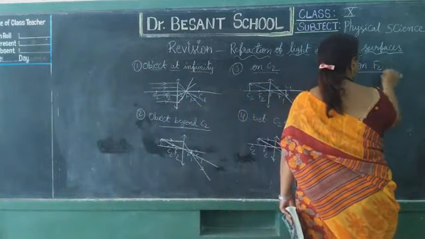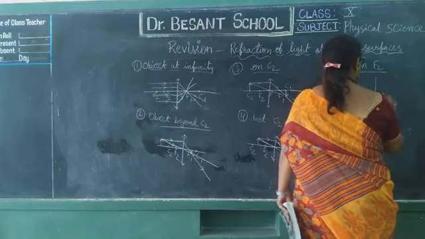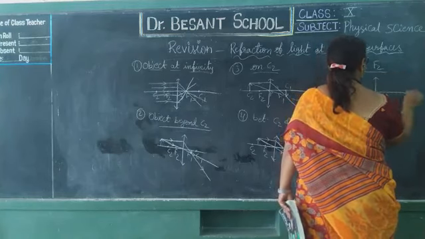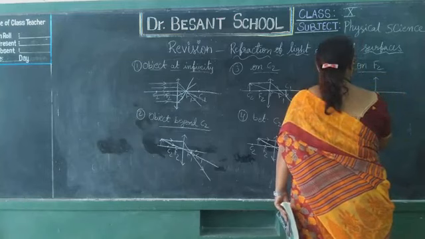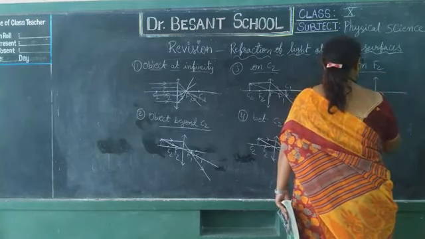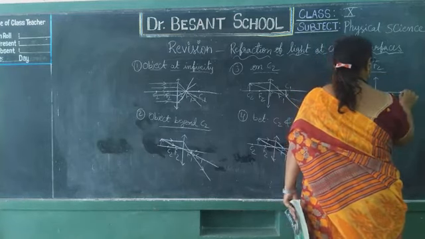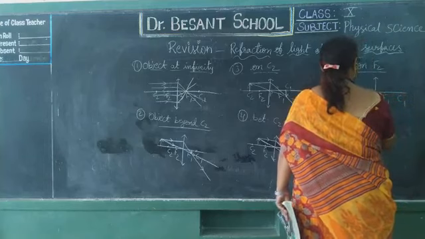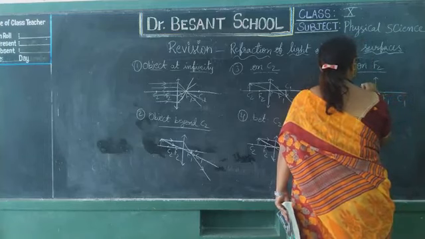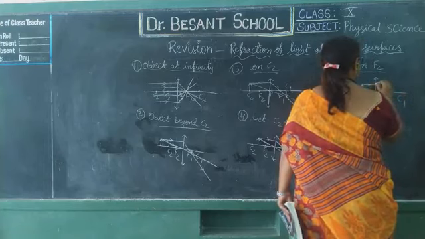Okay. And next comes the object on F2. On focus it came. Then the same two rays. C2, F2, F1, C1. The object is on F2, the same two rays.